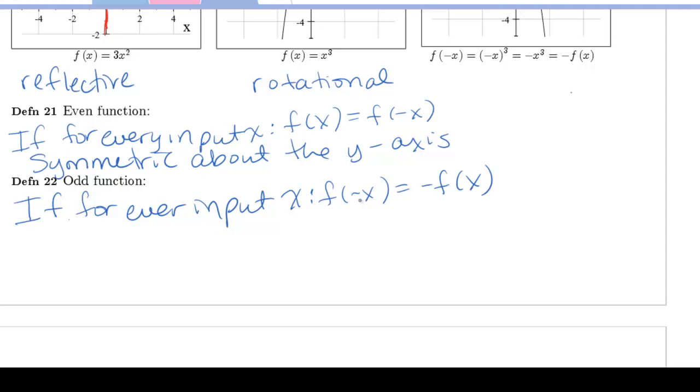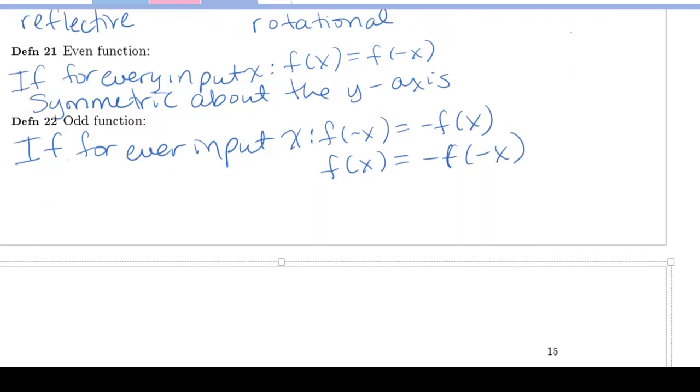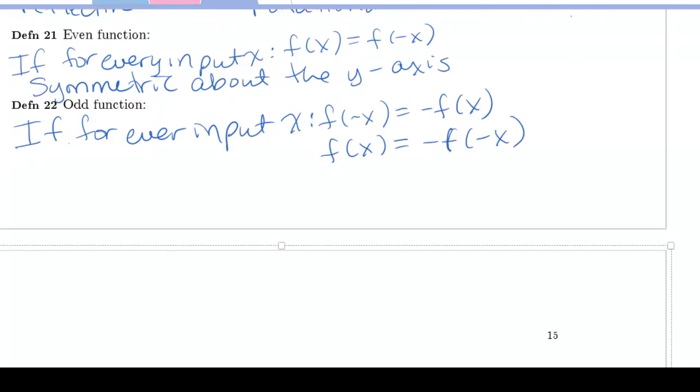So again, another way that sometimes this is written is that f of x equals negative f of negative x. Again, this doesn't mean we can pull negatives out of functions. This is just saying that if we plug the value in and then make it negative, it's the same thing as if we plugged in the negative number to the value. So this is called symmetric about the origin.